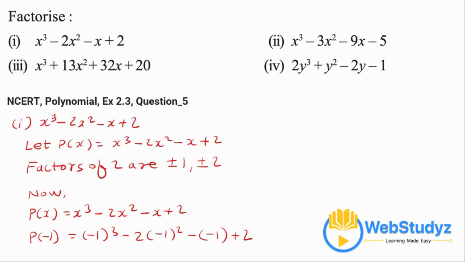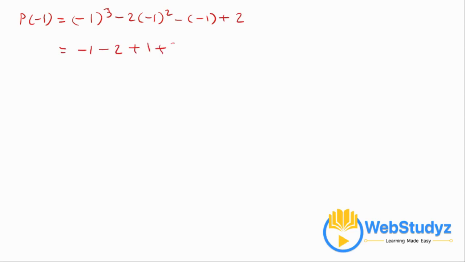So p of minus 1 is minus 1 cube minus 2 into minus 1 square minus minus 1 plus 2. So this will be equal to minus 1 minus 2 plus 1 plus 2. So this comes out to be 0.